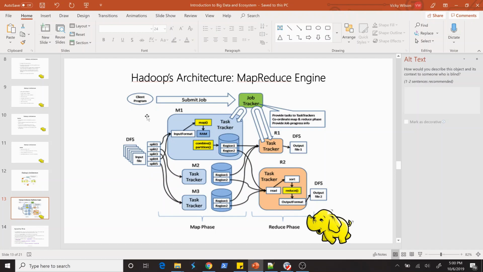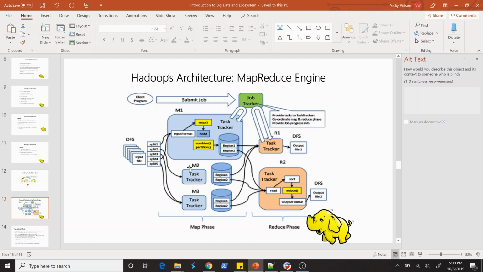So just to understand Hadoop's architecture, when you submit any kind of job, even a simple Hive query, Hive actually invokes a MapReduce job on the backend. When the job is submitted, the job tracker keeps track of the job, and it goes through the mapper stages and then the reduce stages.